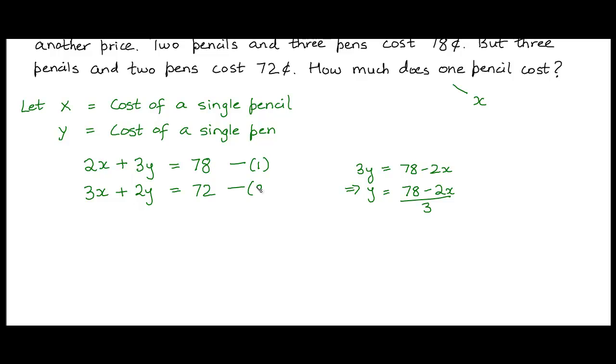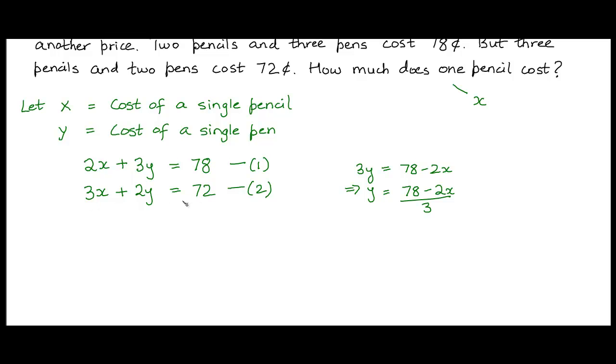Let's say we number the equations as 1 and 2. We have solved for y in the first equation, and now we substitute this expression in place of y in the second equation.